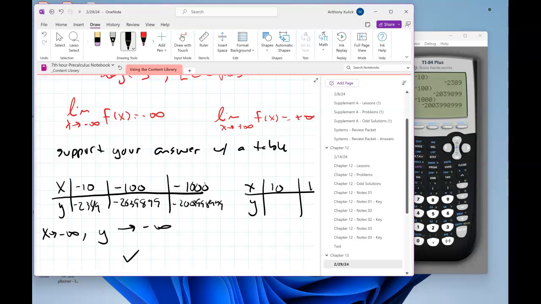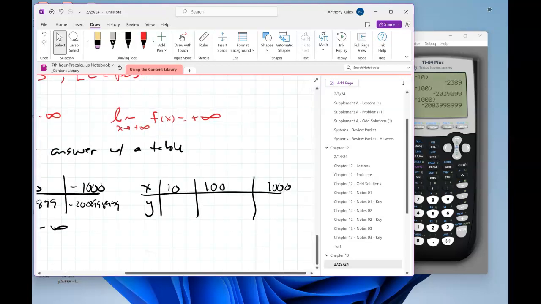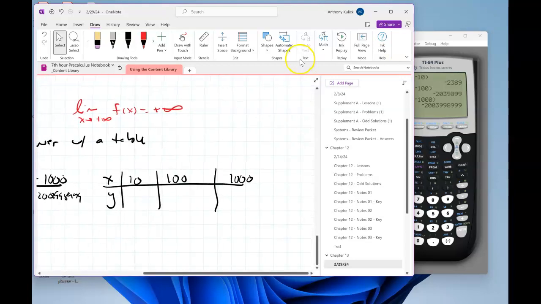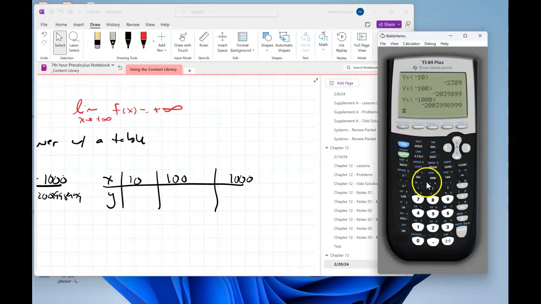Let's repeat the same process now to do the other table. So I'm just going to use positive numbers instead of negative numbers. I'm going to press second and enter, and then go back and update my values so that they are 10, 100, and 1,000.